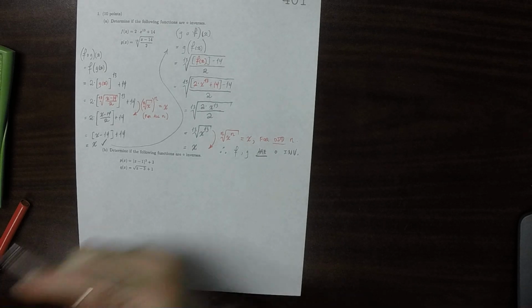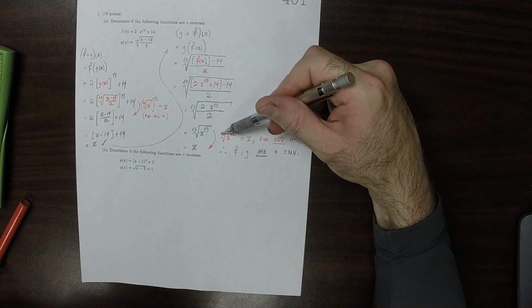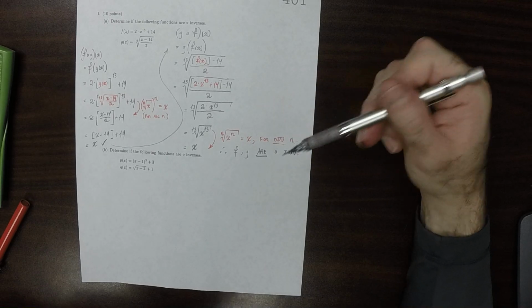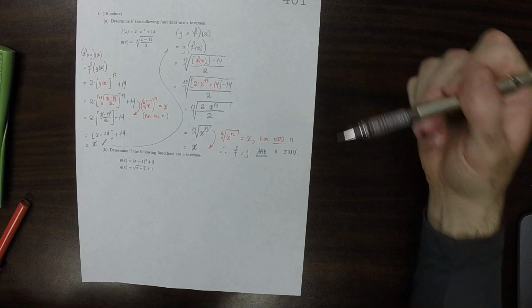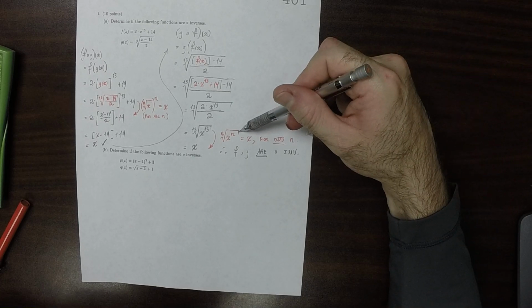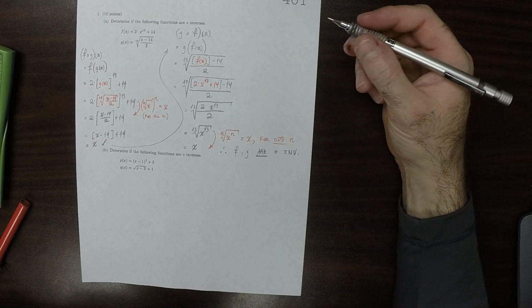For this one, notice that this statement is true for odd n, but it is not true for even n. So when the radical is on the outside and it's an even radical, we can't make that simplification.